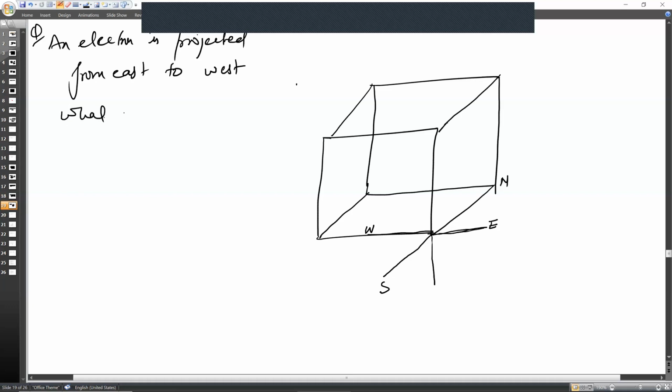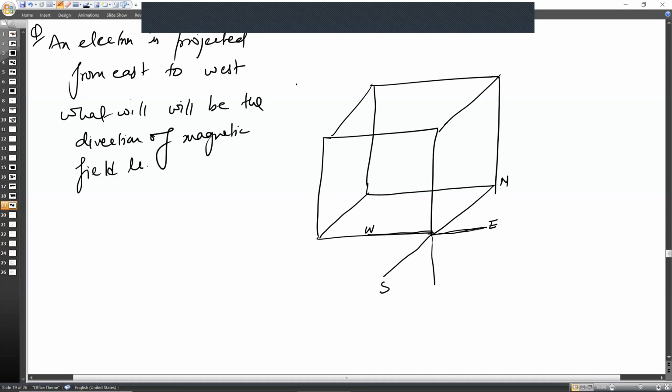What will be the direction of magnetic field lines just above the wire when observed?